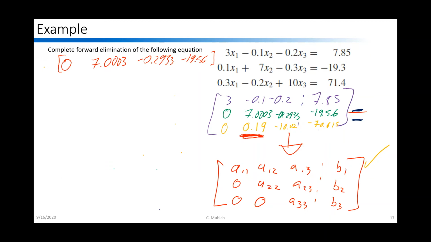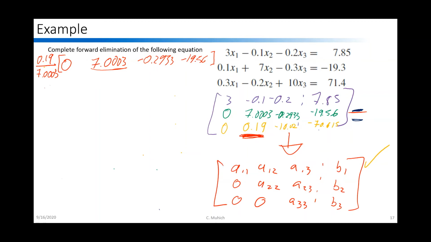So I can do this by taking 0.19 over that 7.0003, so that when I multiply this through, that entry will become 0.19. Okay, so let's go ahead and do that.